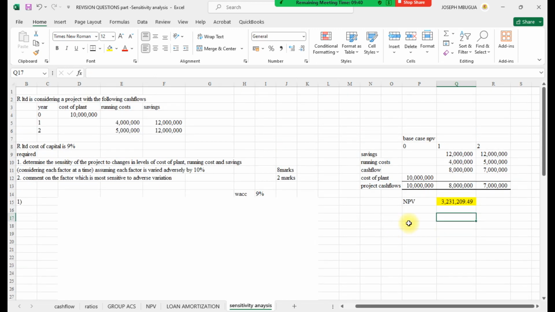So now our sensitivity analysis, the base is just the normal NPV. What if we now determine the sensitivity of the project to changes in the level of cost of plant, running cost, and savings.